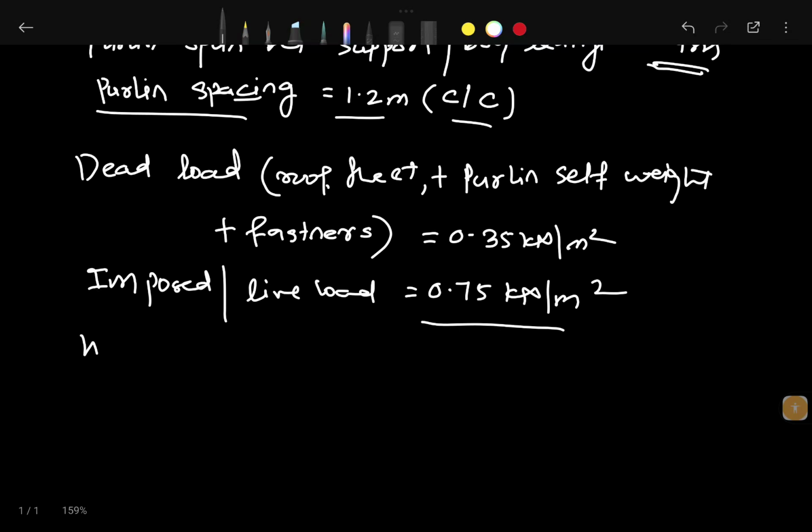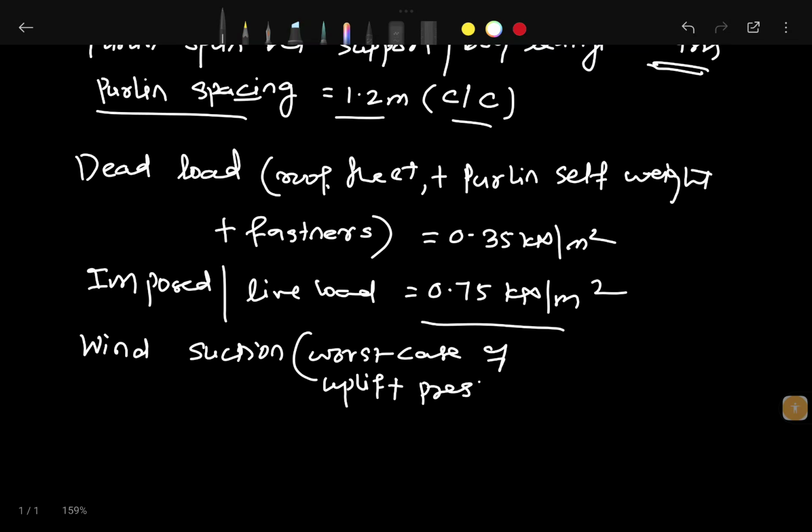And wind suction, or worst case uplift pressure. The uplift pressure we consider is equal to 0.8 kilonewton per meter square.